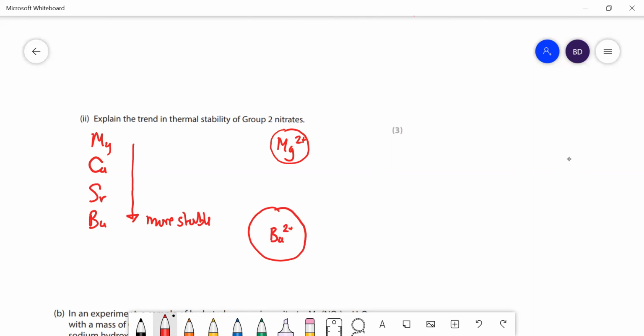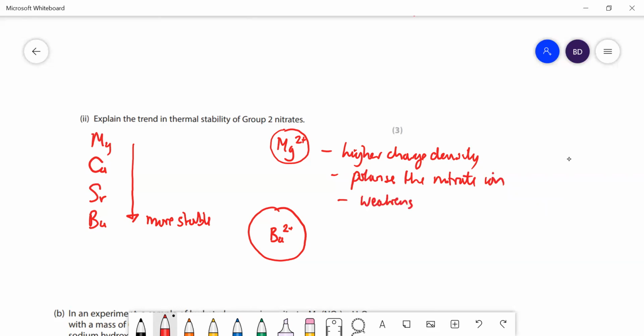So magnesium has a higher charge density. That means it's more able to polarize the nitrate ion, and the polarization of that ion will weaken the bonds between the nitrogen and the oxygen atoms and make it decompose more readily.